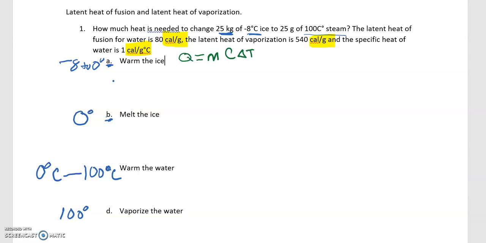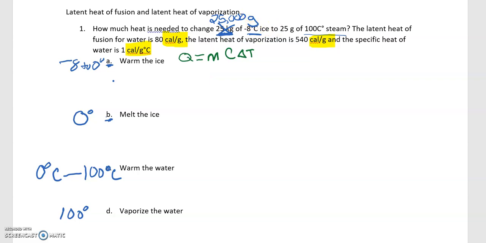So the first thing that we have to do before we even start working with this equation is we have to make sure we change our kilogram unit here into grams. So 25 kilograms is really 25,000 grams. If we don't do that, our units are not going to cancel out the way that they need to, and we will not end up with the correct answer at each step.